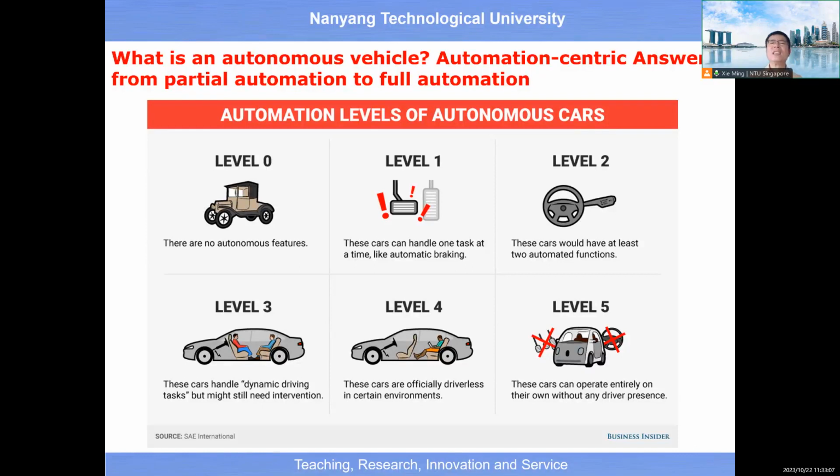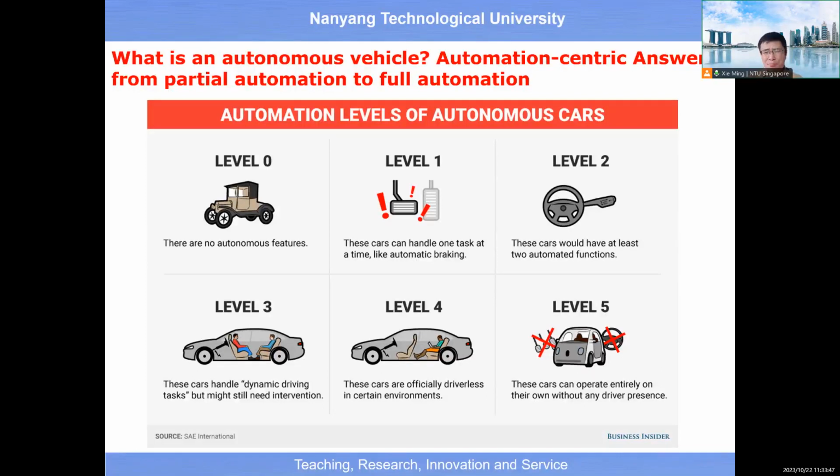If we are able to achieve one automated task, then we say this vehicle has reached level 1 of autonomy. If the vehicle could perform two automated functions or tasks, then we say this vehicle has reached level 2 autonomy, right? Or if the vehicle could eventually undertake automatic driving, then we say this vehicle reaches level 3 autonomy.